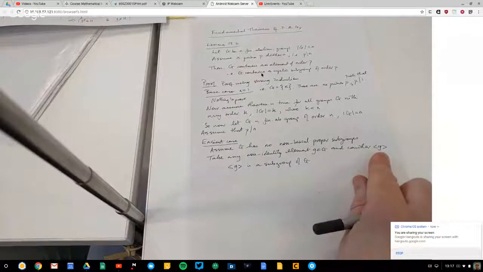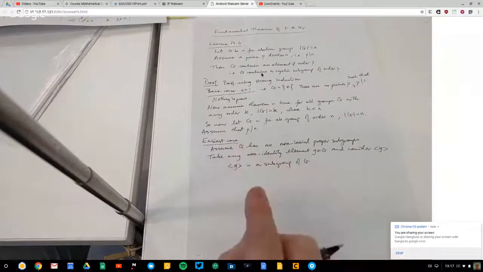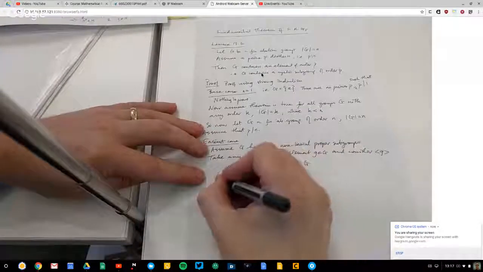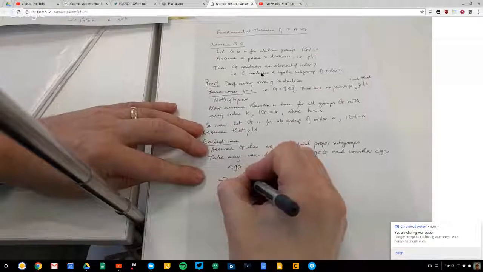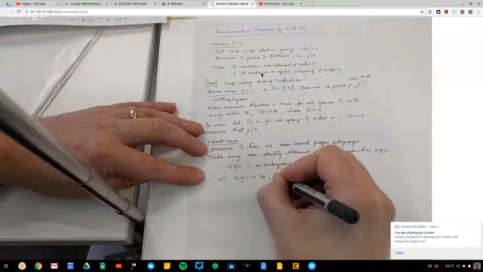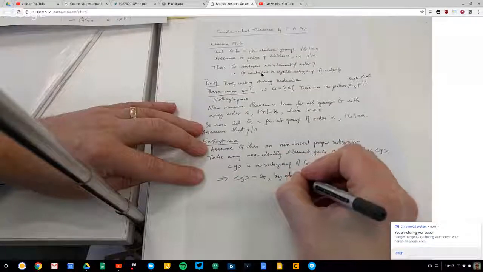So the only other subgroup it could be under this assumption is all of G. Okay? So that implies that the cyclic subgroup generated by g equals G, by the above assumption.